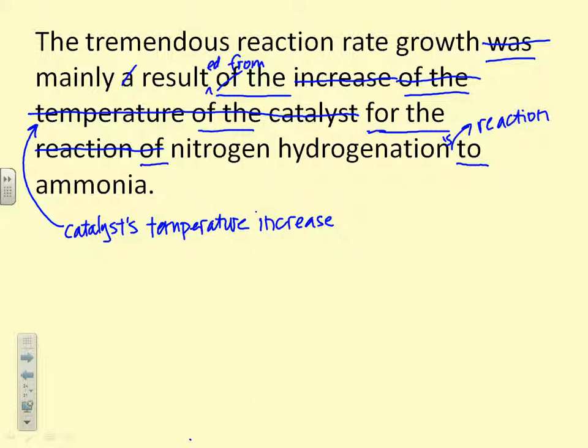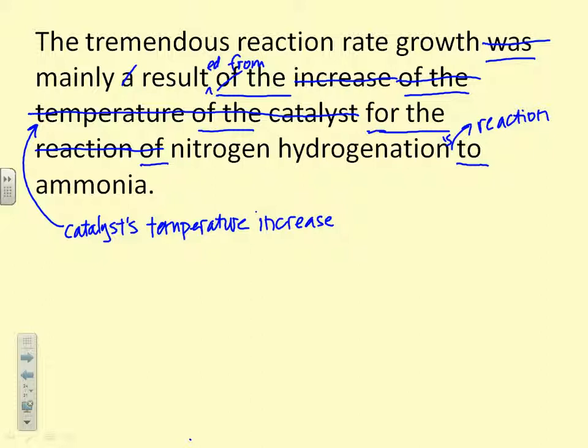I don't quite follow that. Nitrogen hydrogenation is hydrogenation is... So just say it that way then? The tremendous reaction rate growth mainly resulted from the catalyst temperature increase for the nitrogen hydrogenation to ammonia. Is that correct? He's saying no.